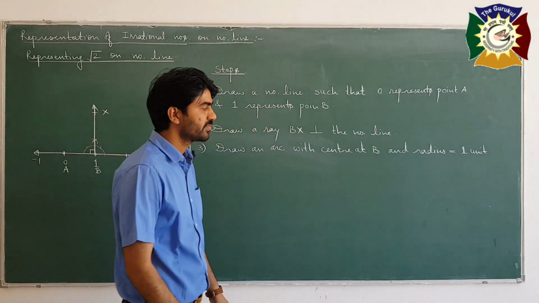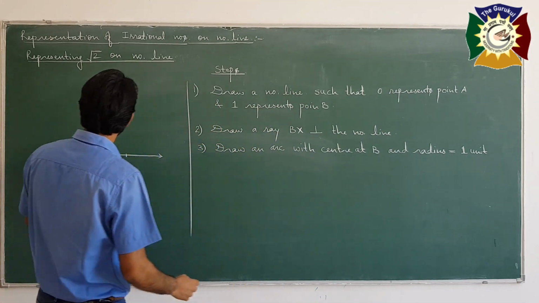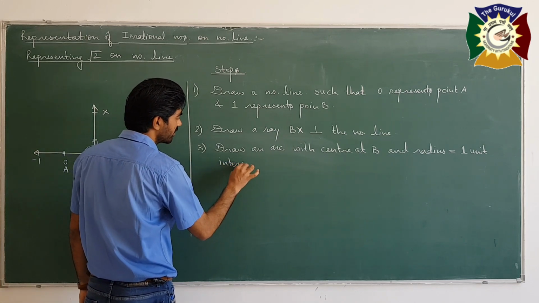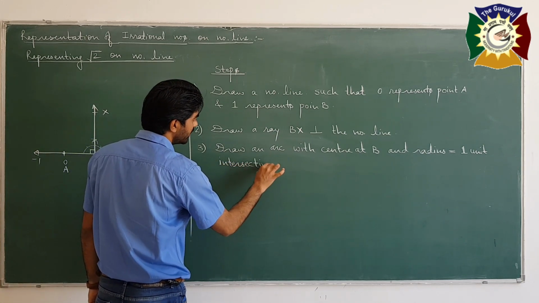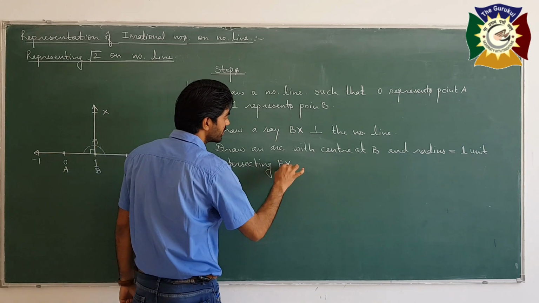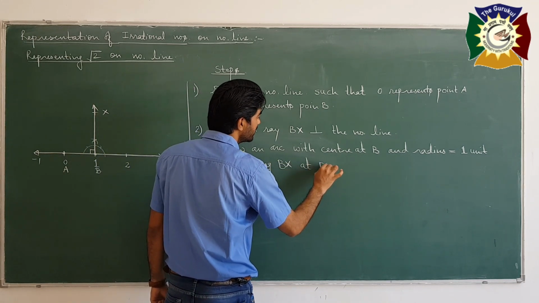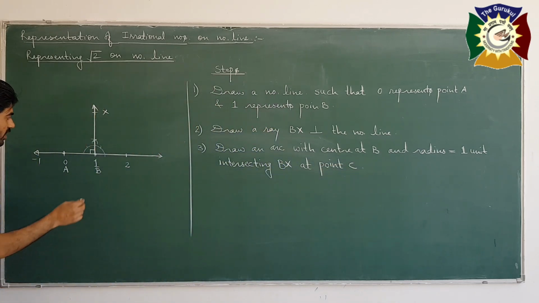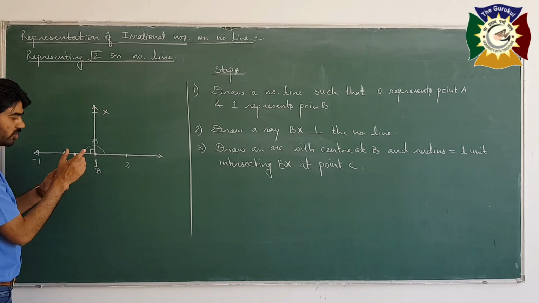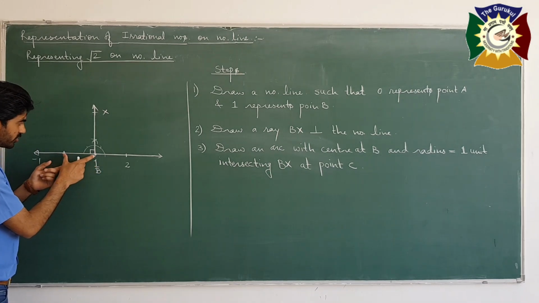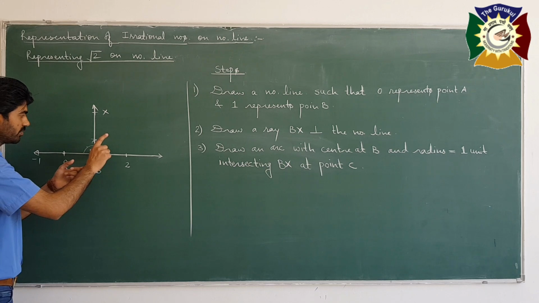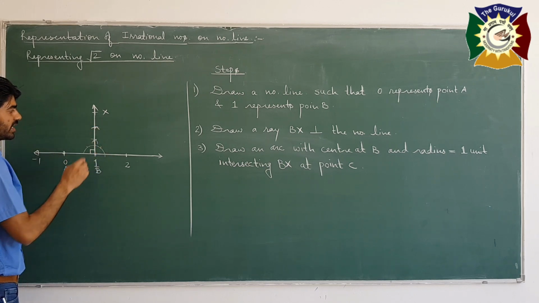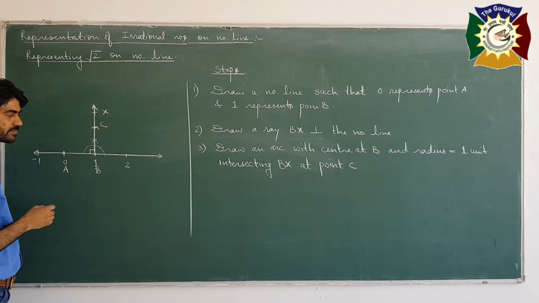The radius must be 1 unit, which will intersect BX at point C. So now I'll put the compass here. I will open the compasses up to 1 unit, put the compass here and cut BX. So it is intersecting BX at point C.